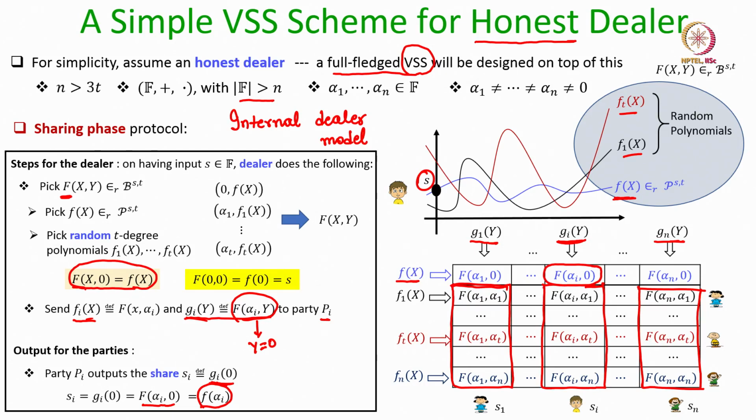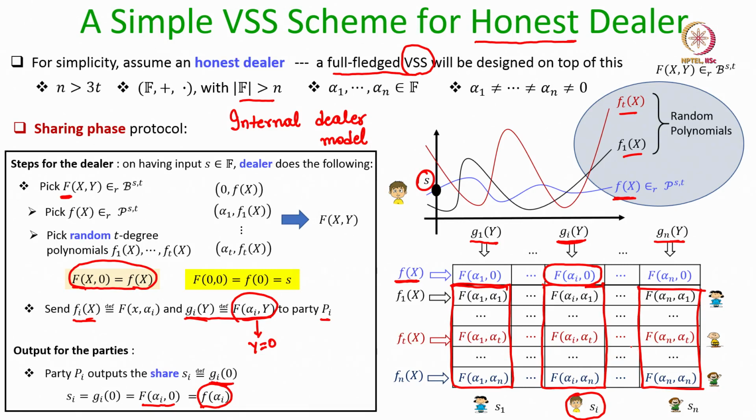So, in essence, party Pi has computed its share as it would have got from the dealer in Shamir's secret sharing protocol. In Shamir's secret sharing protocol, the dealer would have chosen f(x) and directly given f(alpha i) as the share to the ith party.